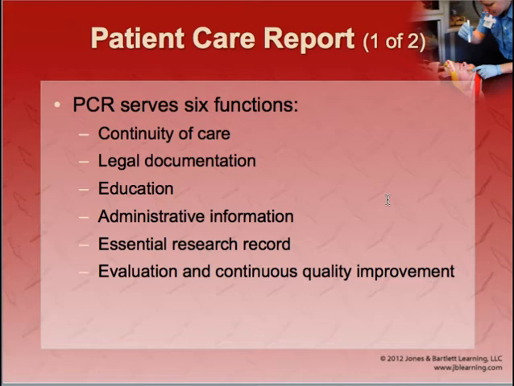Administrative information, that's for our billing purposes, and evaluation and continual quality improvement, which is where we're going to take the run, break it down, and find out what went wrong, what went right, and see how we can apply it to future calls.